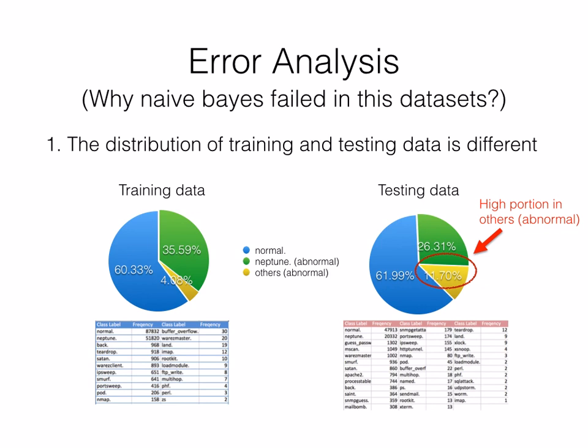However, we have a large increase in the others part, so there are much more abnormal samples here. The distributions are not very similar, just a little bit different. So we have to think about why naive Bayes might have failed.